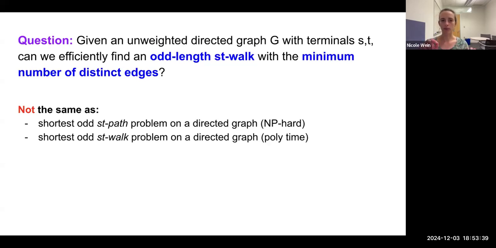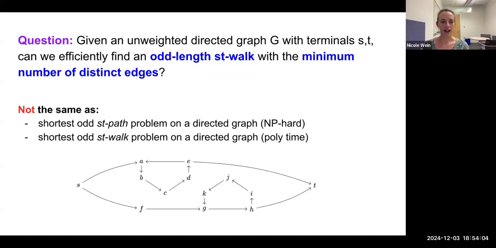That is to say, the total number of traversals of edges along your walk. Whereas what we care about is the minimum number of distinct edges. That is to say, if we have a walk that reuses edges we've already used, we only count each of those once, whereas in the standard ST walk problem, you'd count them however many times you traverse them. Let's look at this example graph to see how these three problems are different from each other.